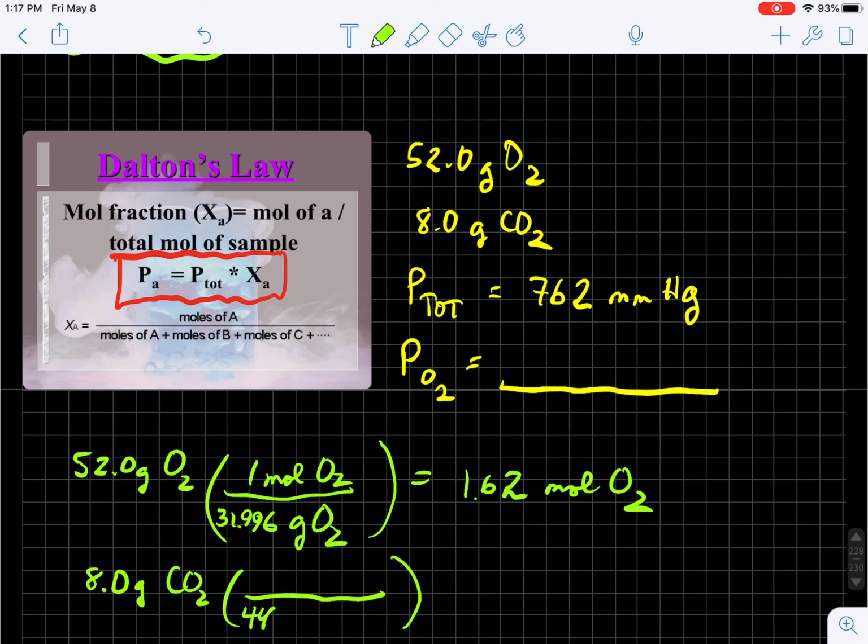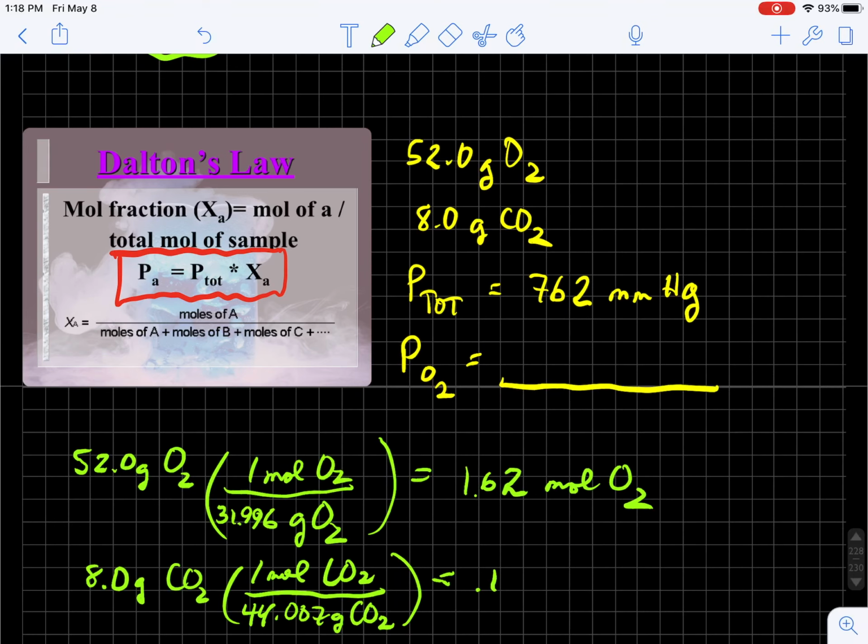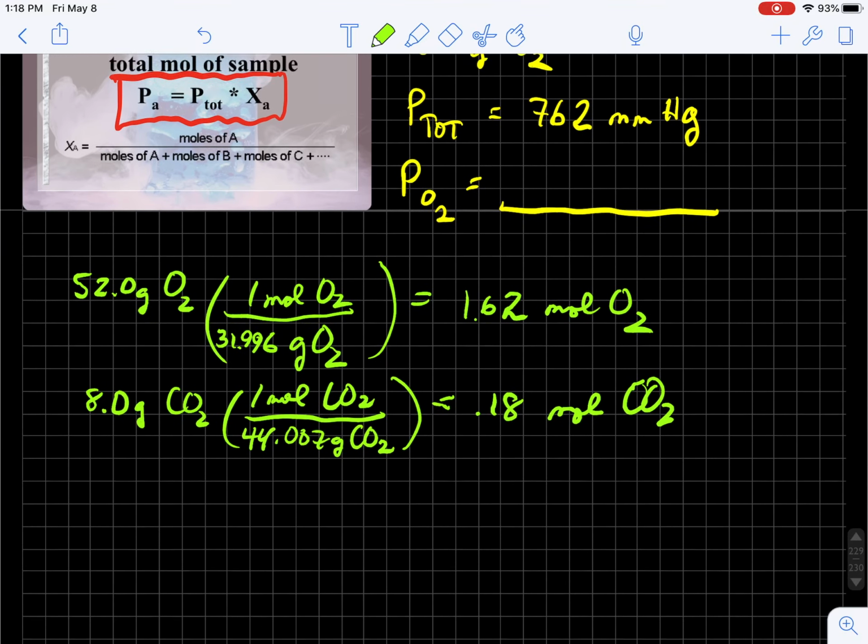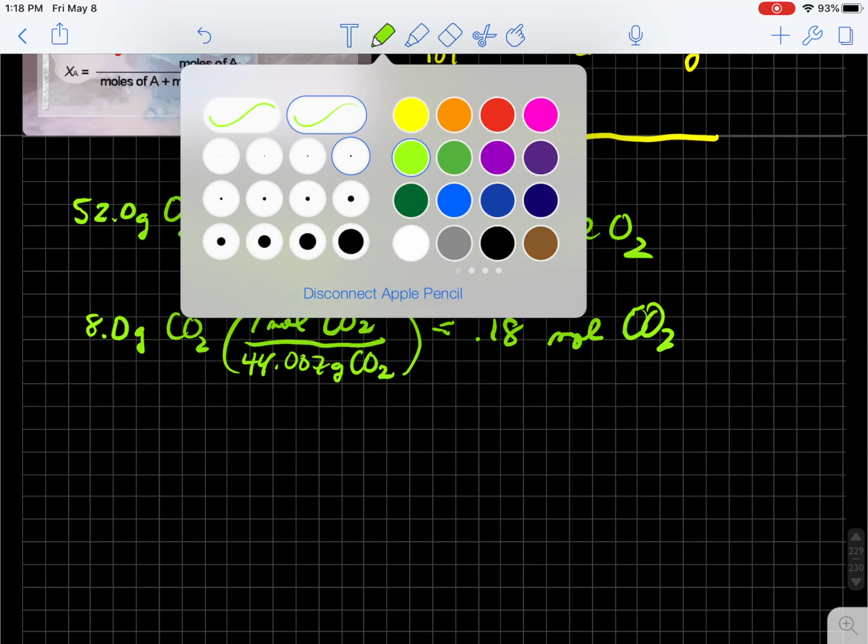Plus 2 times 15.998. No, it's 44.007. Wow, I am forgetting things since we are not in school. I thought it was 44.009. Anyway, so this comes out to be 0.18 moles of carbon dioxide. Okay, great, good for us.